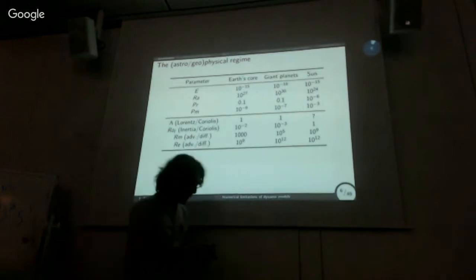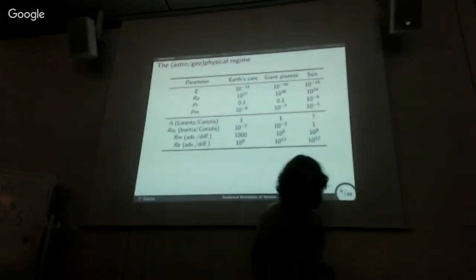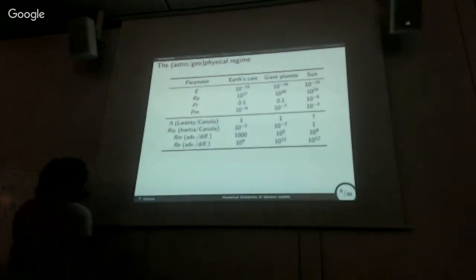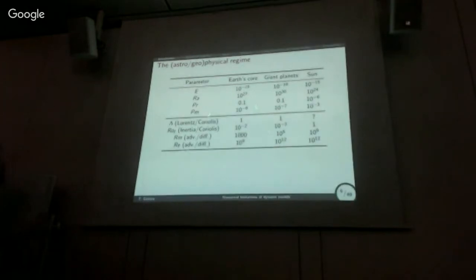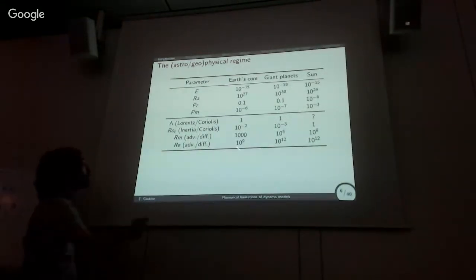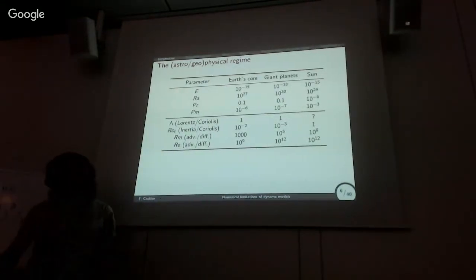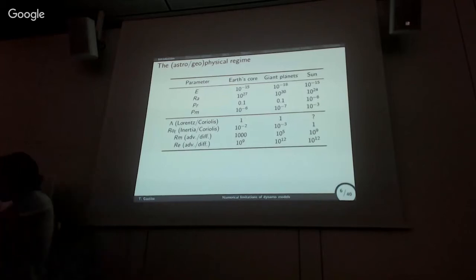If you put these numbers in a summary table, you end up with this kind of table. You have your control parameters here. What you see at first glance, if you just take Earth's core and the sun, is that Ekman is always extremely tiny, Rayleigh is always very big, and then the magnetic Prandtl number is also usually very small. But that's not all.